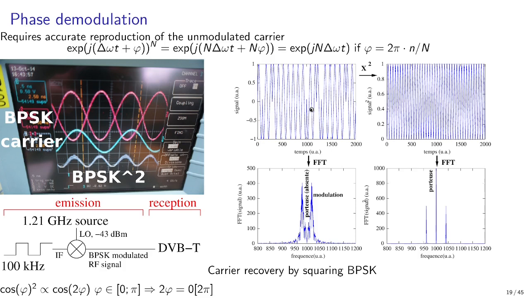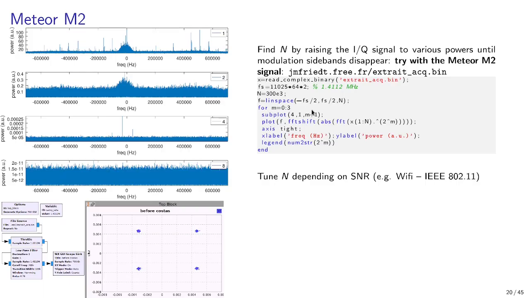This is true for BPSK. This will also be valid for QPSK, as for example used by the Meteor M2 Russian weather satellite, where the raw signal is obviously spectrum spread, the squared signal remains spectrum spread, but the fourth power of the signal exhibits a single carrier which is 4 times the frequency offset.